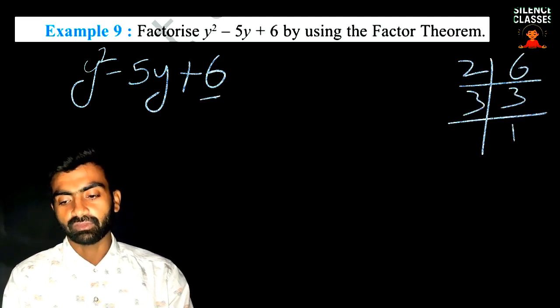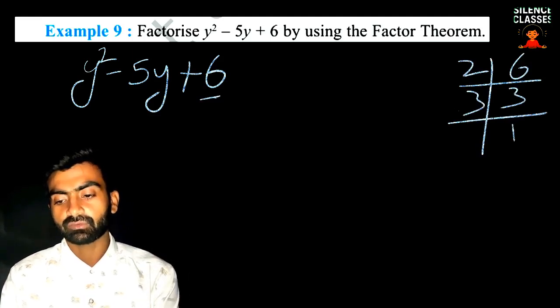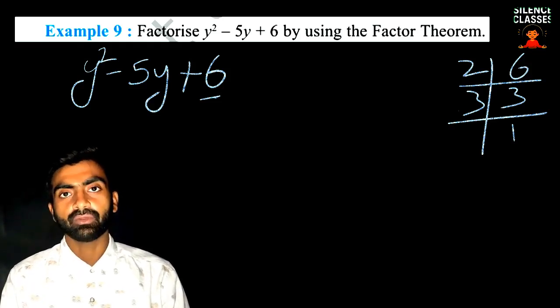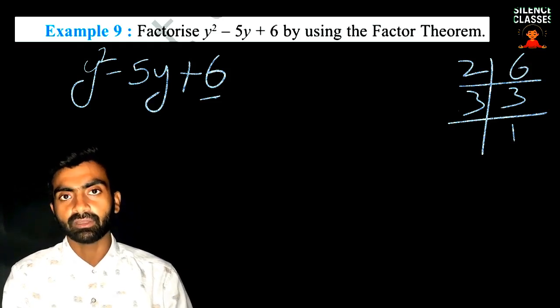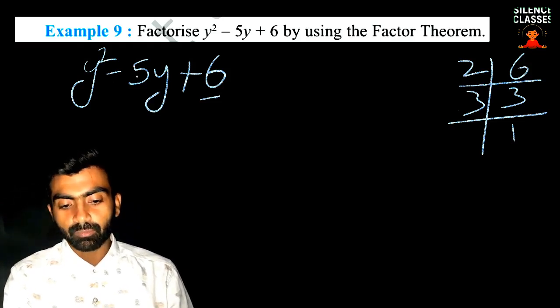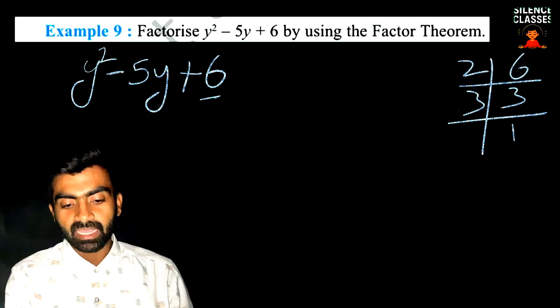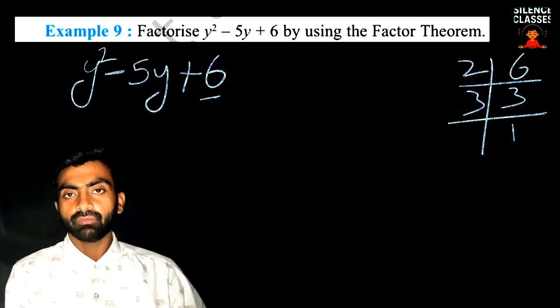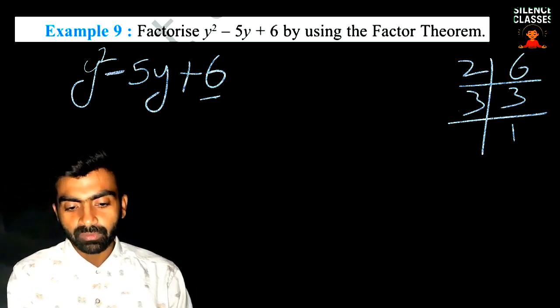2 threes and 3 ones are 3, 2 twos are... 3 plus 2 becomes 5, and 3 multiplied by 2 becomes 6. But you have to be very careful while splitting the middle term, because the middle term is −5y. Once we do the addition or subtraction, it must become −5.